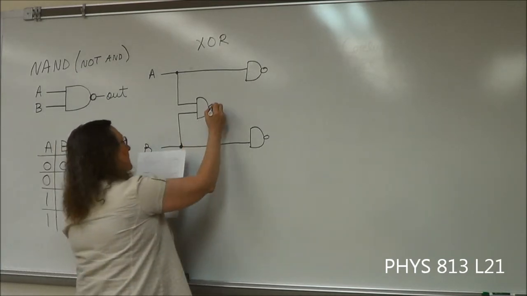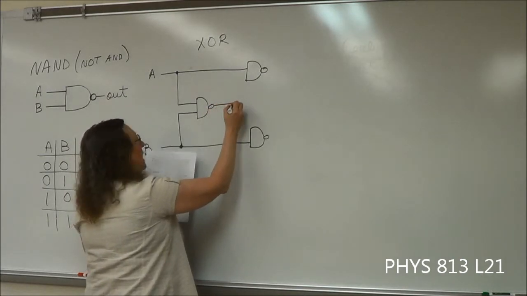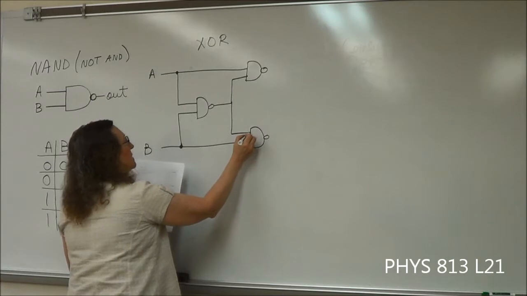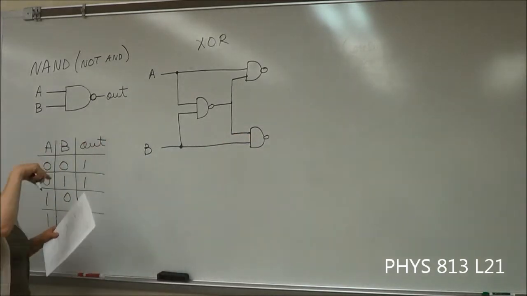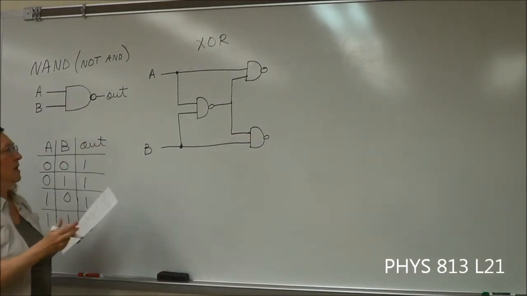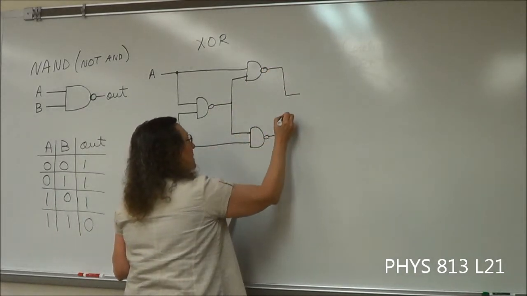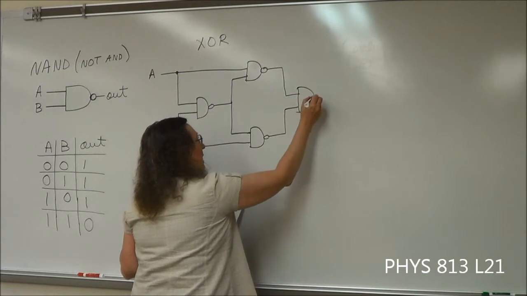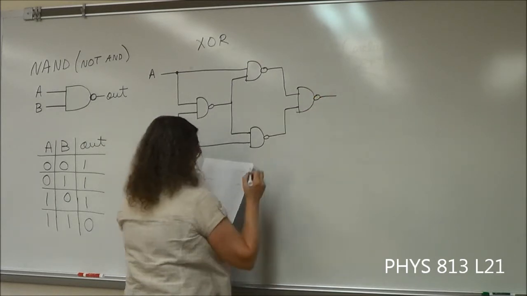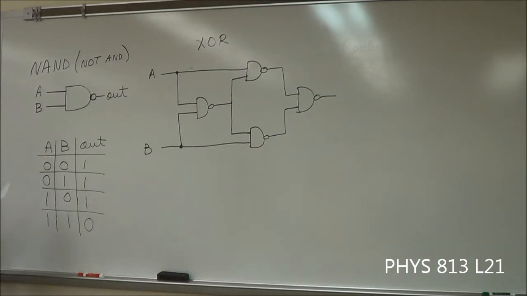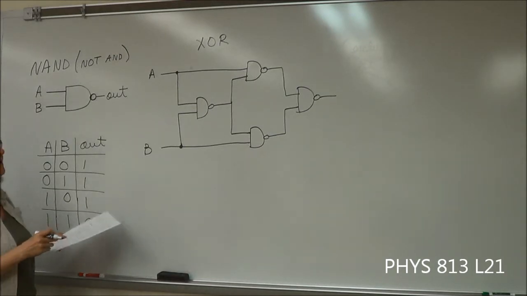Okay, now then this comes out and goes to both of these NAND gates. Again, it's not split, it goes to both. Then the output here comes down, and this output, and we have another NAND. Okay. So that one's probably the most complicated of all of them.